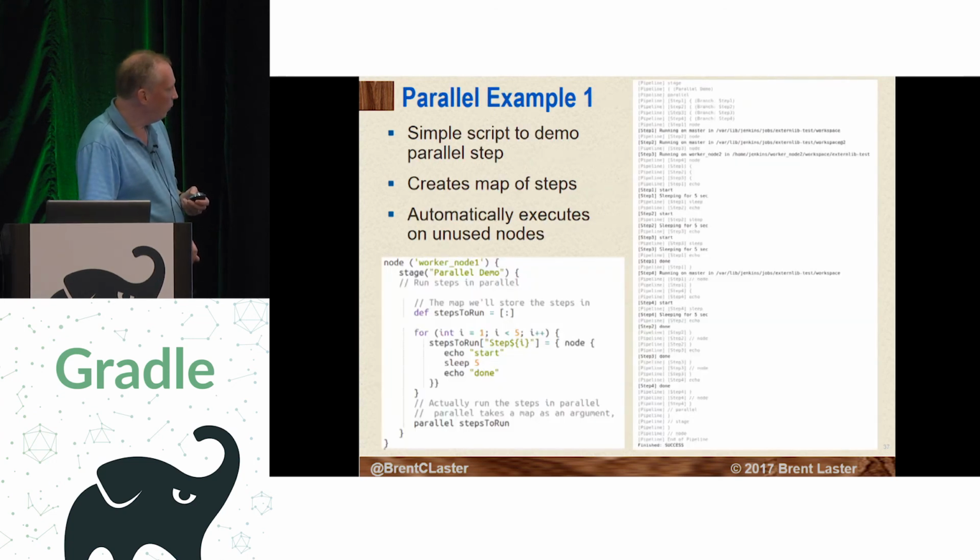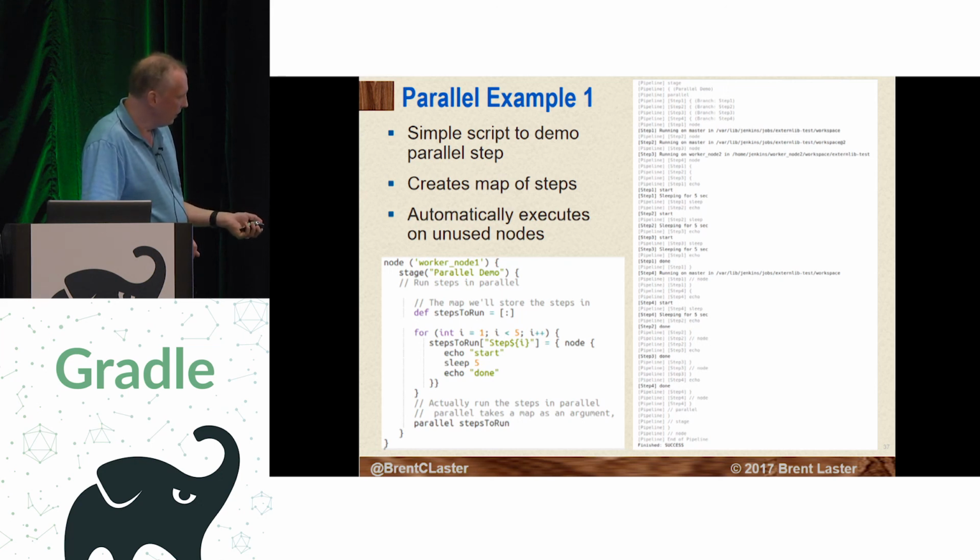Here's a quick example of some ways to generate parallel code. The main thing to look at on this one is on the left-hand side. This is kind of a dynamic way. Basically, we have defined a mapping here. Whenever you see this bracket, colon, bracket, you may be familiar with that, it's defining a map. Then what we're doing is going through a loop and saying for each of these map elements, my name is going to be whatever the step number is, and then the code or the value for that is going to be node, start, sleep 5 seconds, and then done.